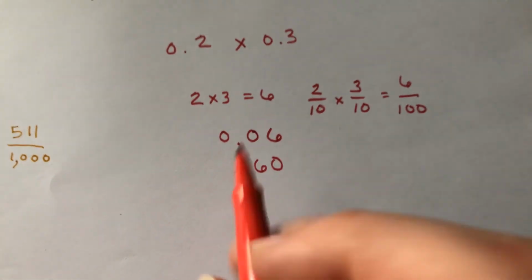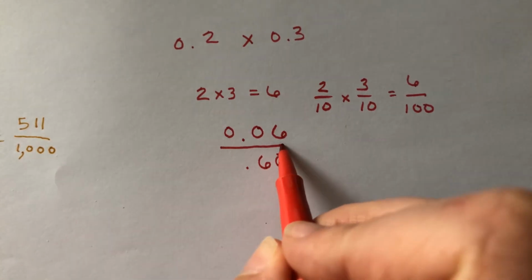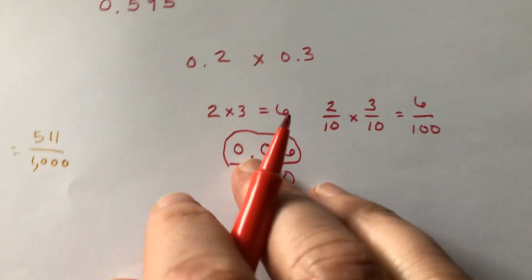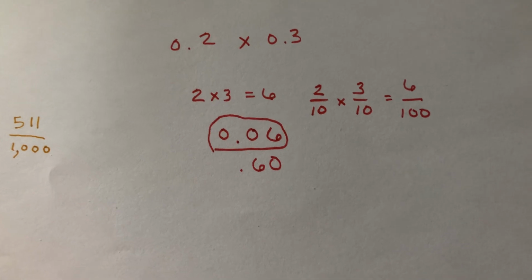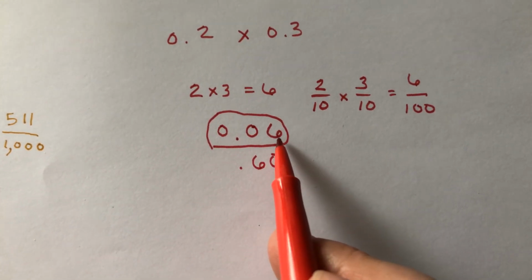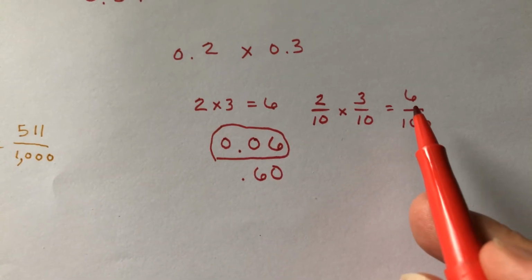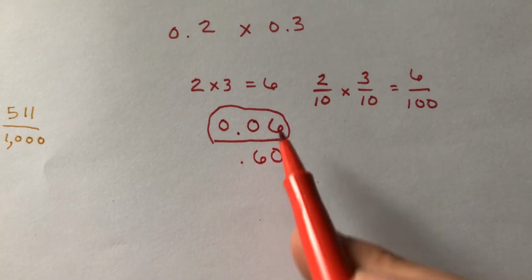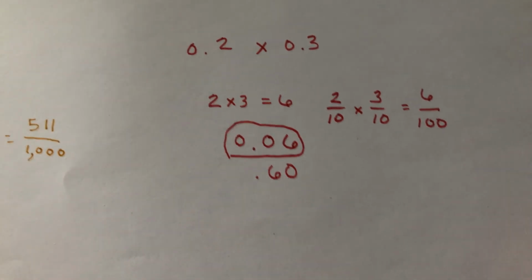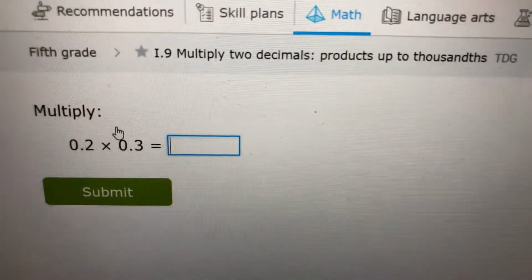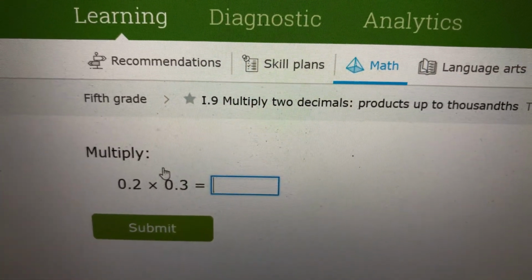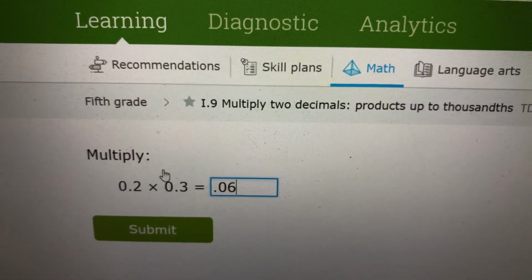So in that case, this would be our answer, 6/100ths. Tenths place, hundredths place. If you have 6/100ths, you have 6 in the hundredths place. All right, so let's go ahead and do that. That one could be a bit tricky. So we have 0.06.